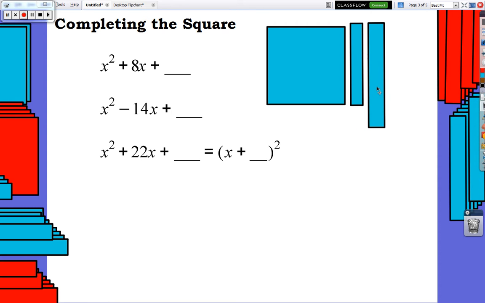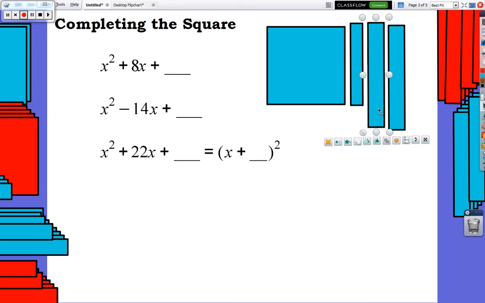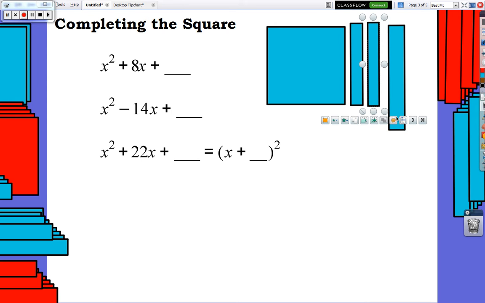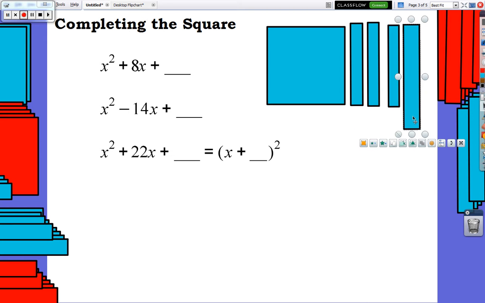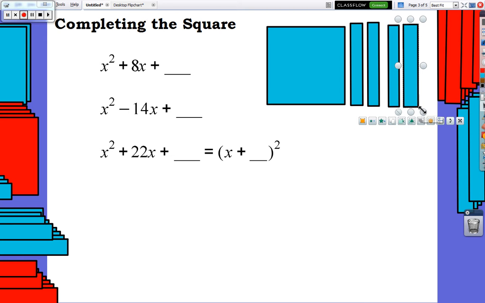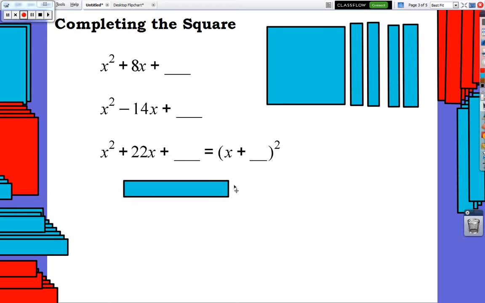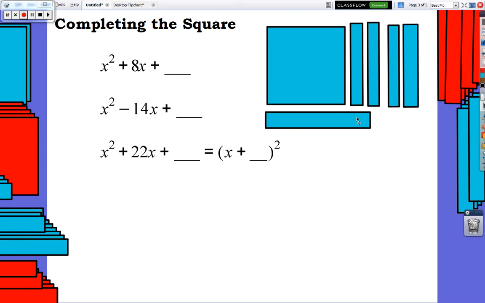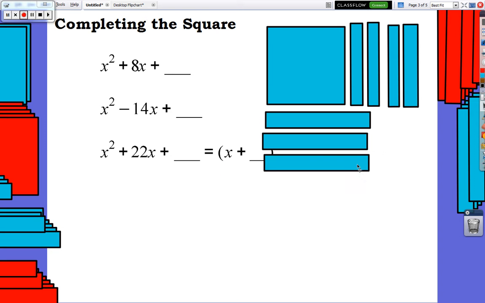We're going to go ahead and put up 4 pieces on this side. And we're going to put 4 pieces on the bottom side over here. There we go. Let's fix these sizes real quick.